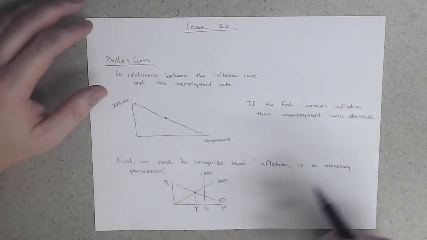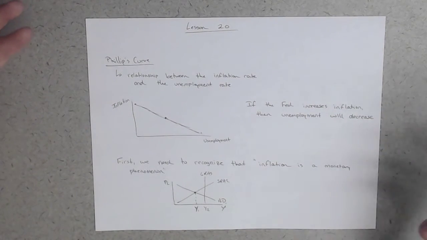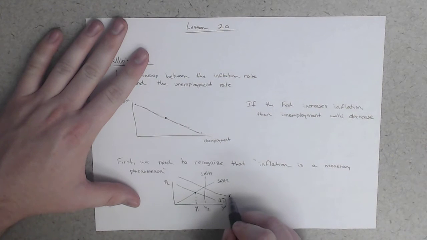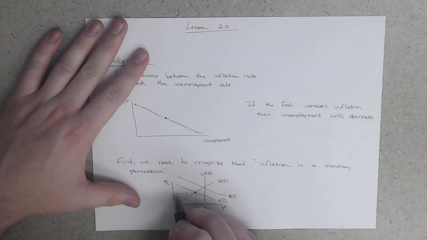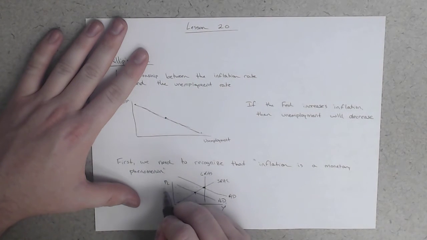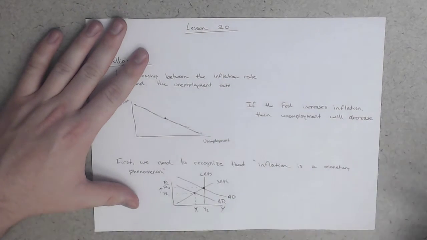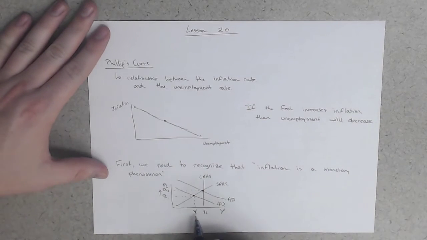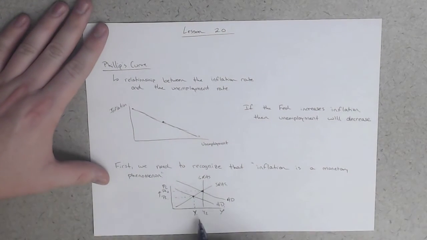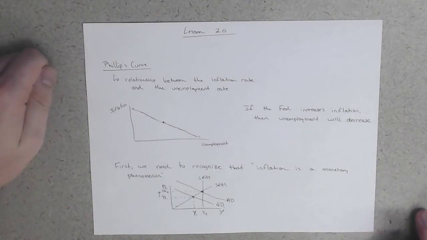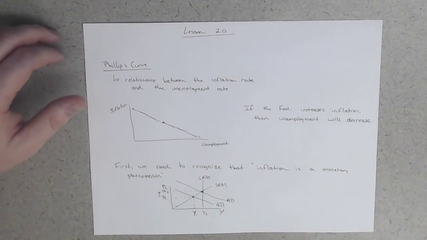If the Fed increases the inflation rate, which is essentially expansionary monetary policy, aggregate demand increases. Notice that the price level increases, which is what inflation is. It's a change in the overall price level, but the unemployment rate decreases as the recession ends. And so the Phillips curve is at some level a pretty intuitive thing.